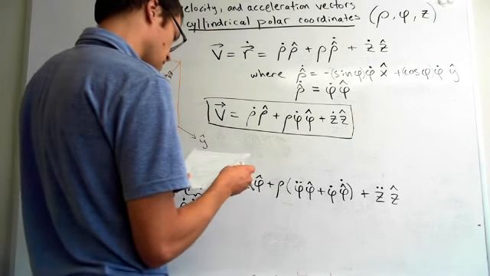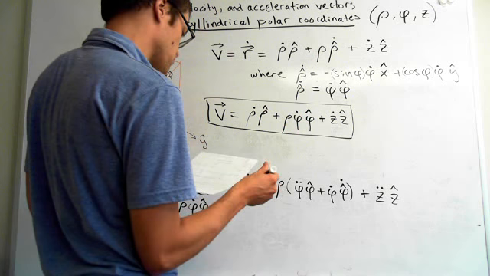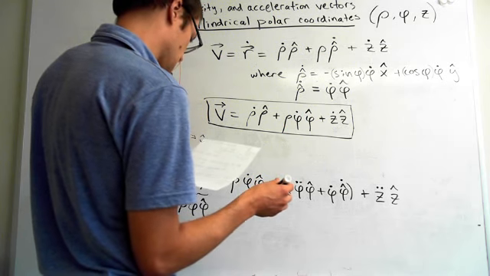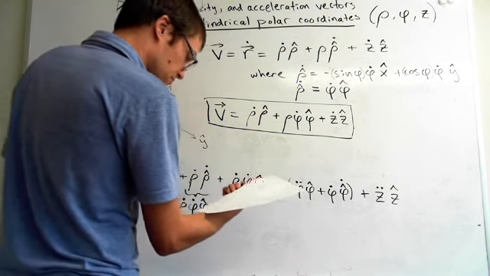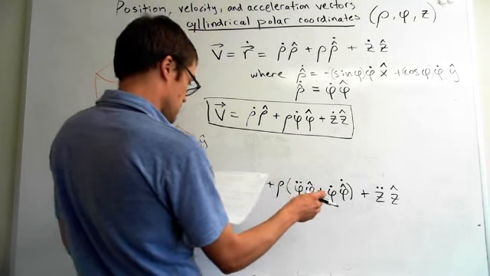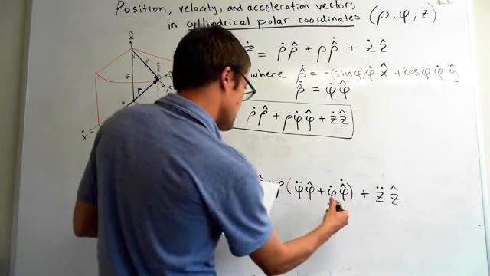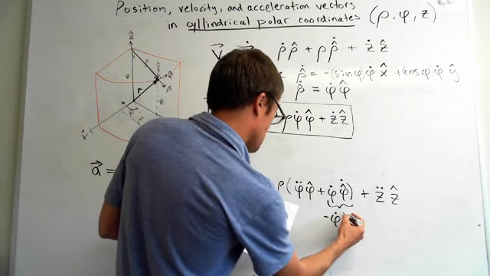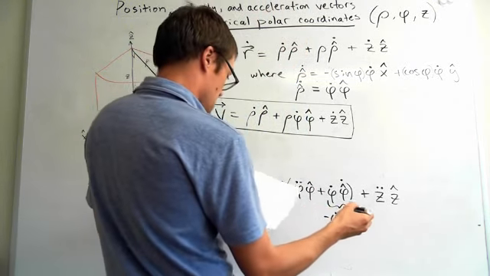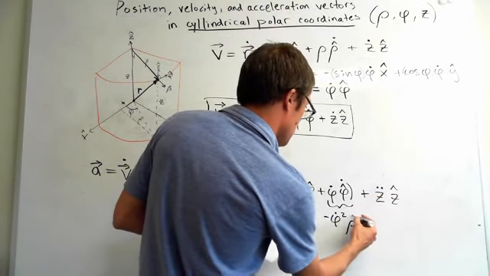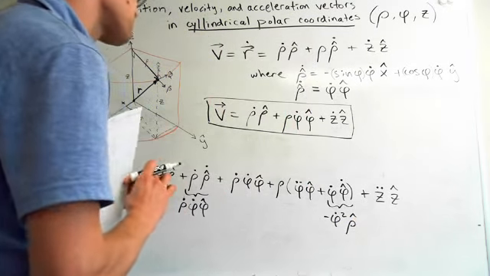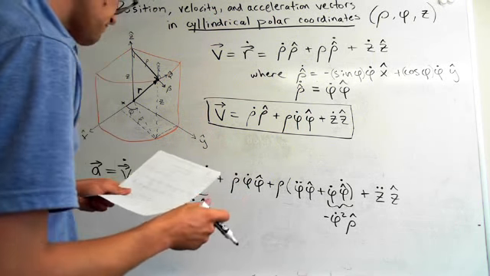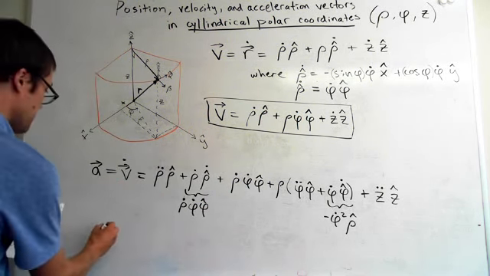Now, what is the time derivative of, let's see, this guy? This guy we can rewrite as minus phi dot squared rho hat. All right, so now we're ready to rewrite these terms.